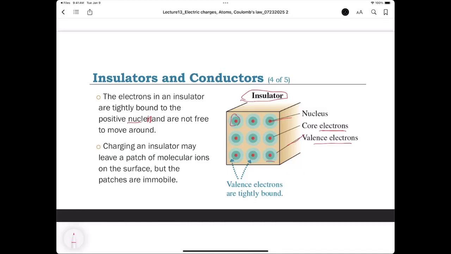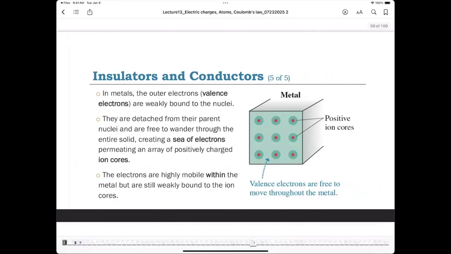In metals, the outer electrons, you can see this is a positive ion core. The valence electrons are free to move throughout the metal.